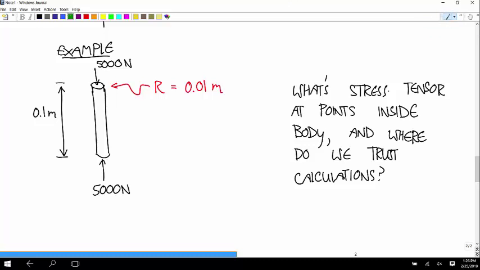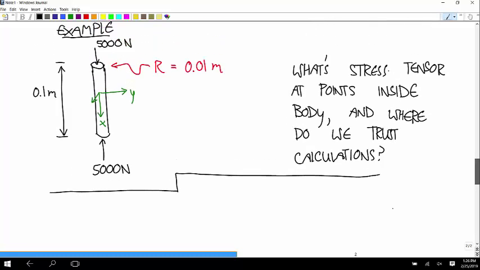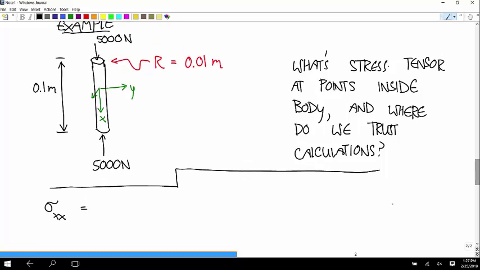Okay, well, I'm going to use a coordinate system with the x-axis along the loaded axis. And the normal stress in the x direction is, okay, so look at the directions of those.